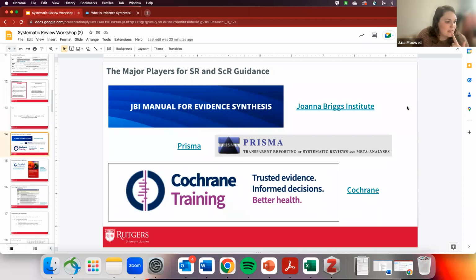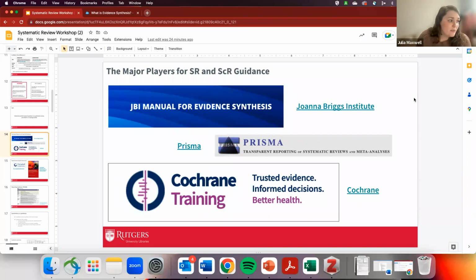Three of them that you'll hear mentioned daily if you do work in this area are the Joanna Briggs Institute, which is a health science institute out of Australia that publishes their own systematic reviews, has a library of evidence synthesis, and then also produces really excellent manuals for different types of evidence synthesis.